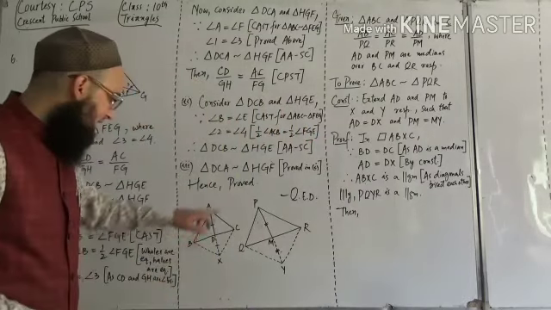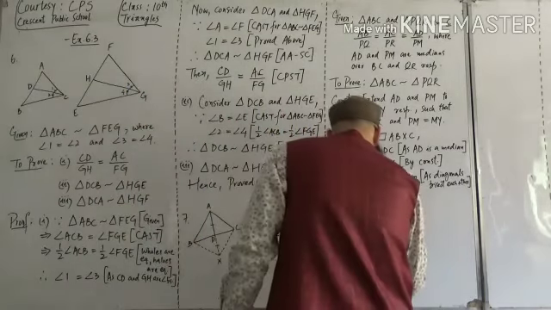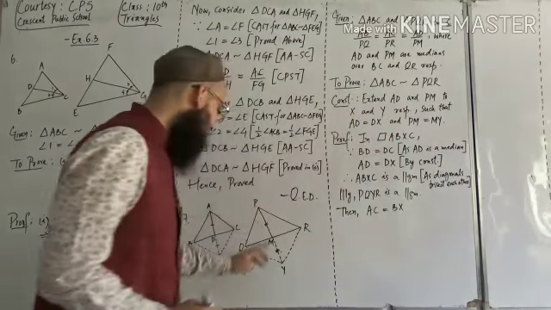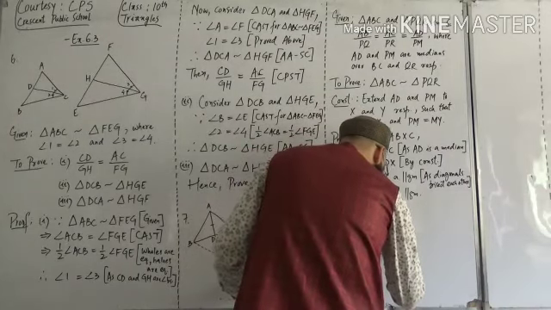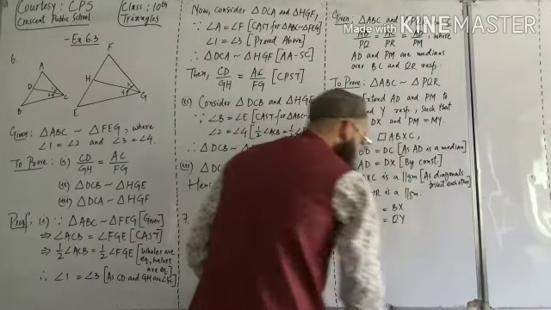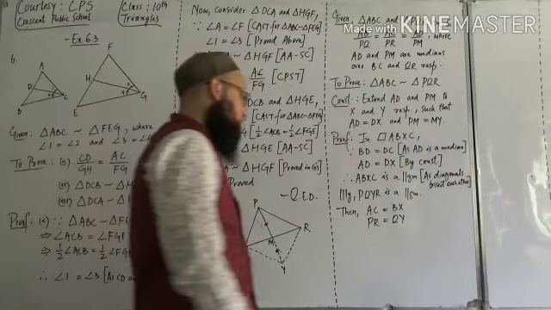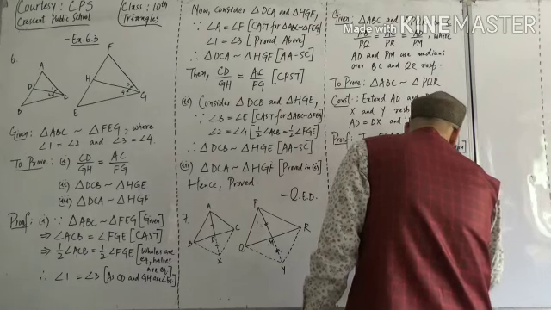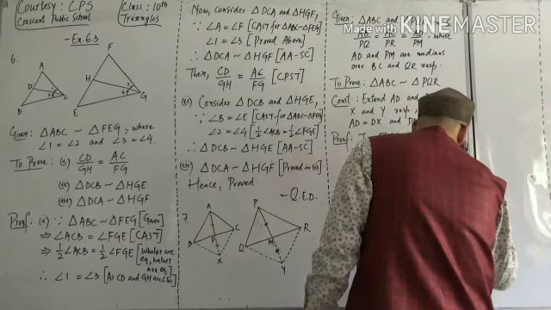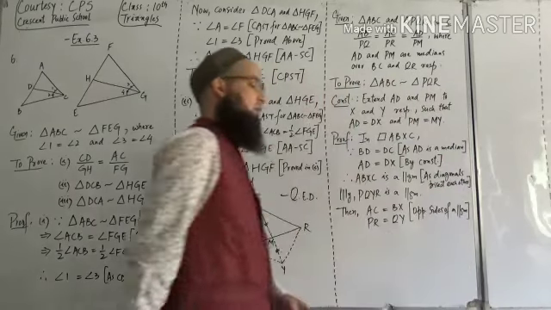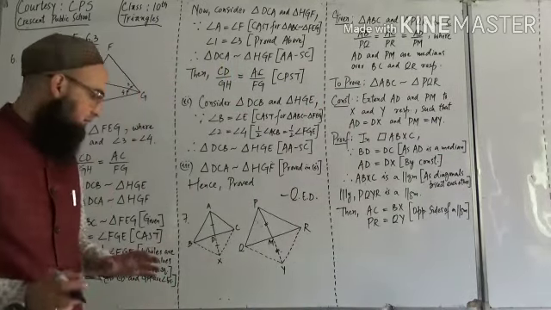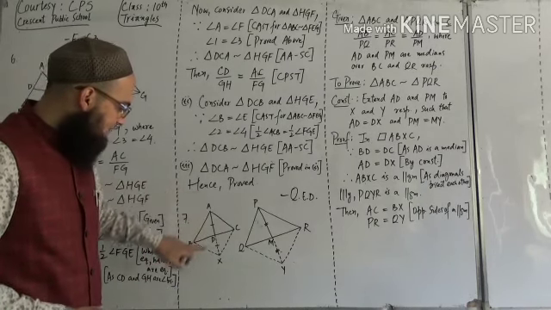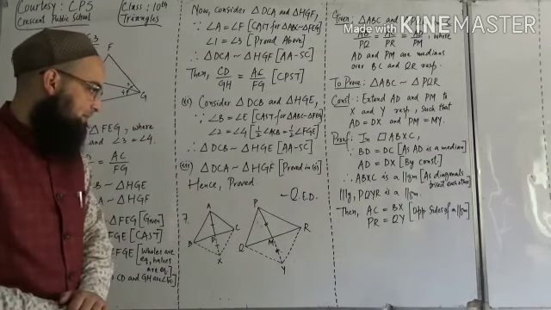Then AC is equal to BX and PR is equal to QY. Why? Opposite sides of a parallelogram. So far so good. So now this side is equal to this side and this side is equal to this side.